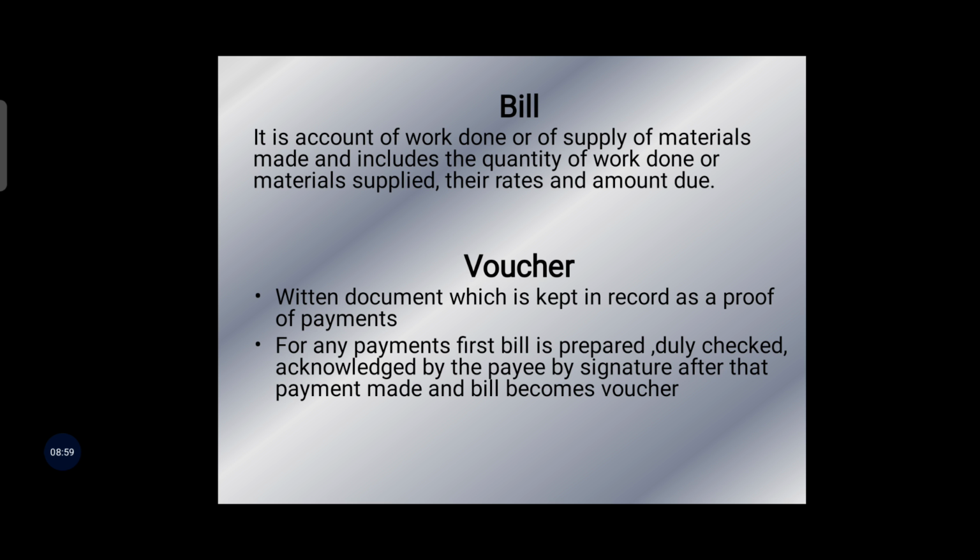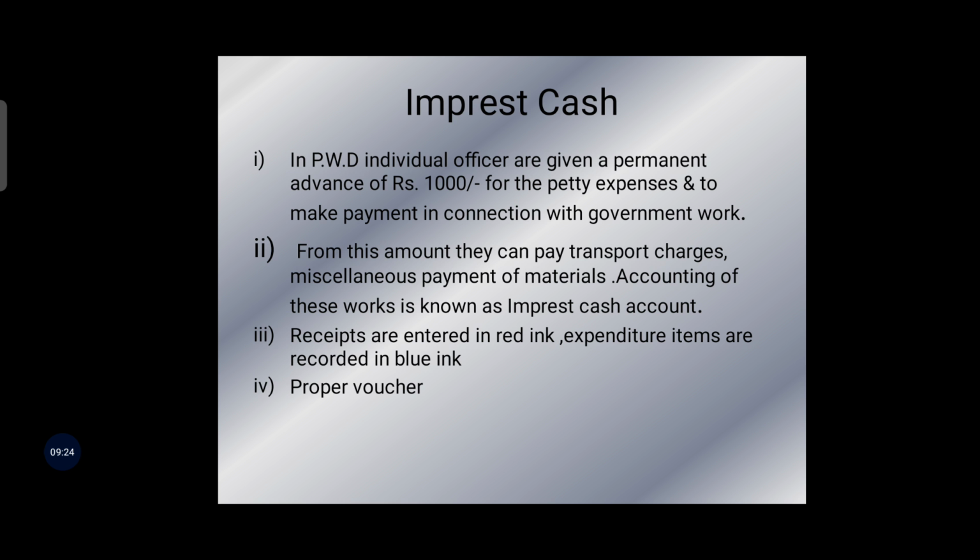The most general type of voucher is a hand receipt, which is used for all miscellaneous payments and advances for which no special form is available. Usually form number 28 is used for payments below rupees 10. So this is the voucher and bills.